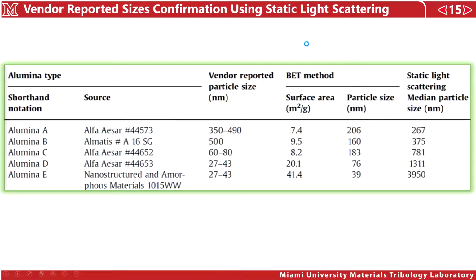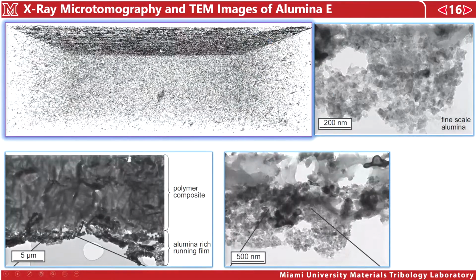We know from the SLS that alumina E had a median particle size of 3950. It did not have a particle size of 27 to 43 nm, as the vendor said. So these images suggest that these alumina particles are breaking down.